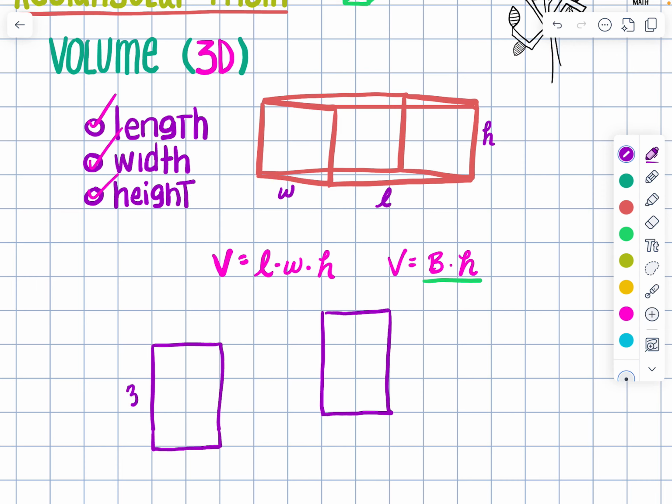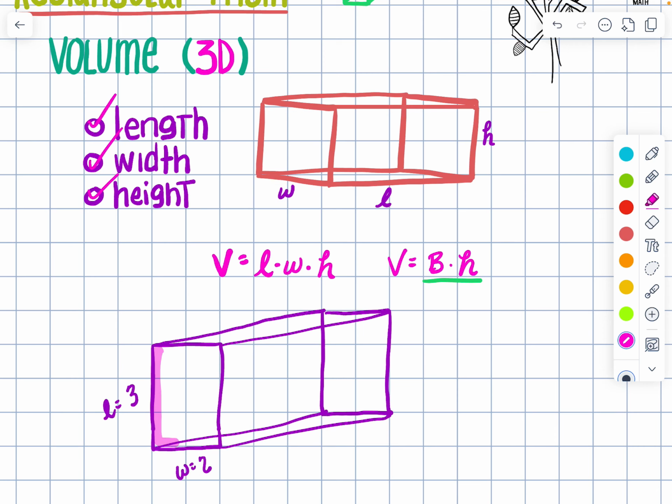We'll call it the length, and we'll call this the width, and that's 2 units. Then, just to make this 3 dimensional, I'm going to connect the corners of my 2 rectangles.